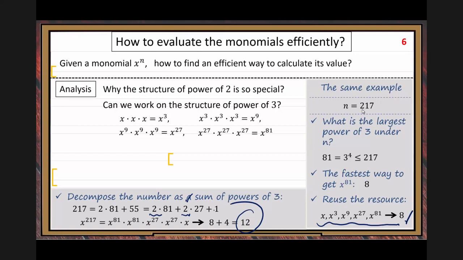For example, 15. Let's do x to the 15. If we use repeated squaring, how many multiplications do we need? Anyone have a quick answer? Good, 6. 3 plus 3. Why 3?